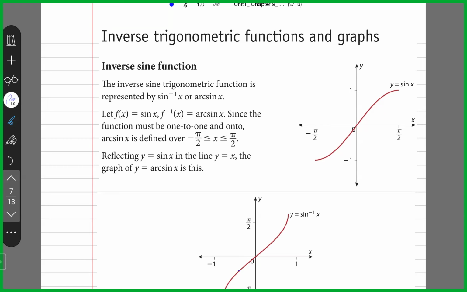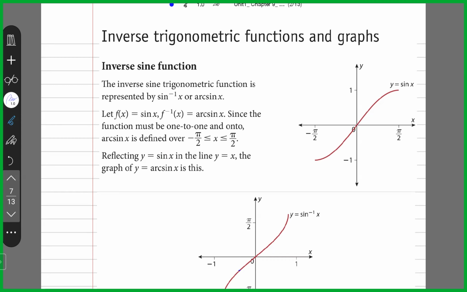That for a function to have an inverse, it must be bijective, meaning that it must be 1-to-1, which is injective, and it must be surjective or onto. So since the function must be 1-to-1 and onto, arc sine x is defined over the domain.